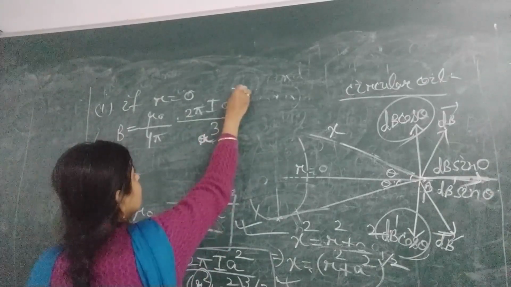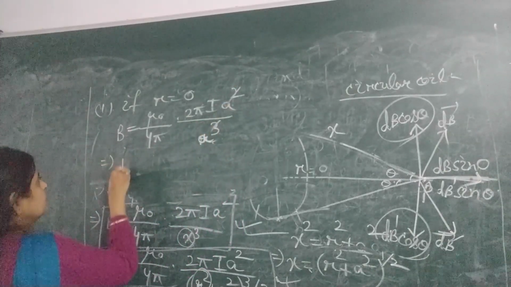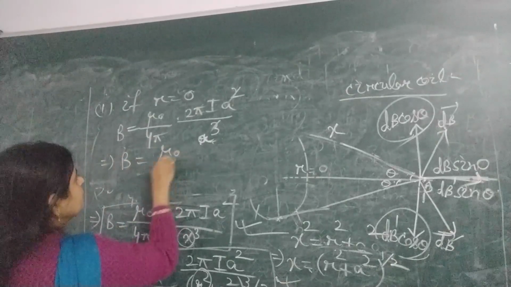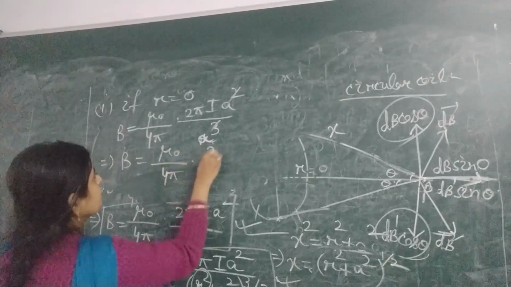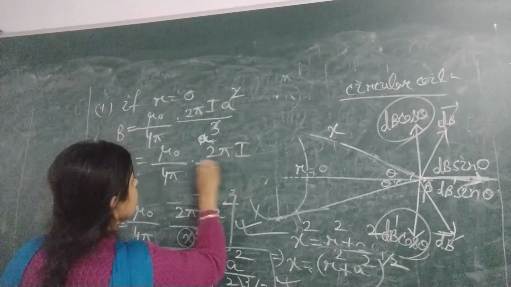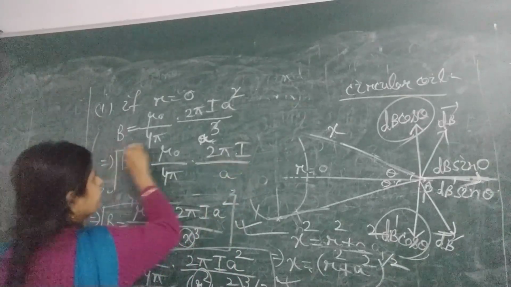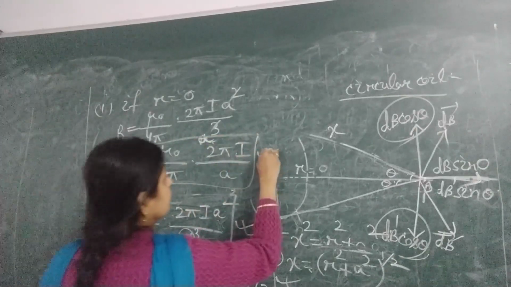So a square and a cube cancel, and B is equal to mu naught by 4 pi 2 pi I divided by a.